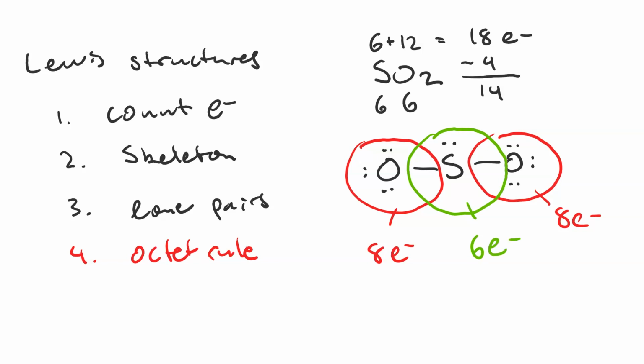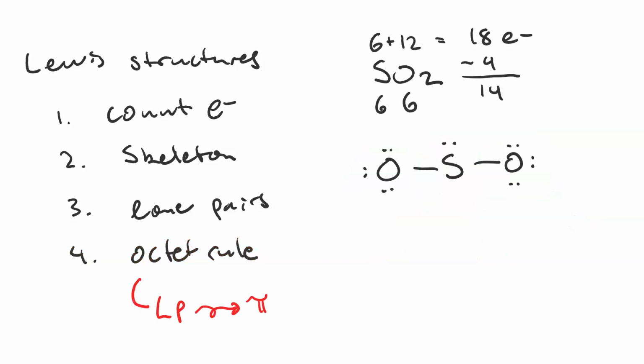That's 3 pairs, or 6 electrons. Sulfur is not happy. What do we have to do? We have to change one of the lone pairs on oxygen into a pi bond between sulfur and one of the oxygen atoms. So which lone pair do we use?